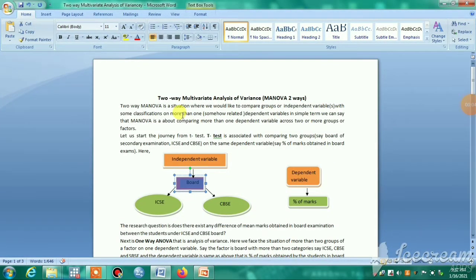Today I am going to say a few words about two-way multivariate analysis of variance, that is MANOVA two ways or two-way MANOVA.